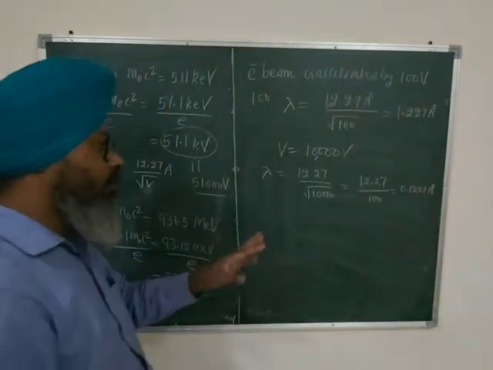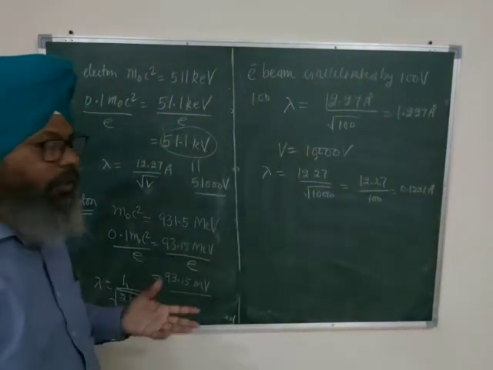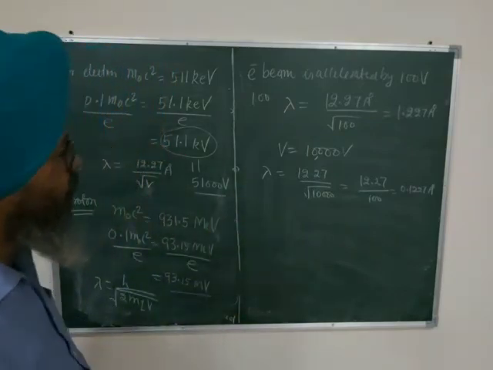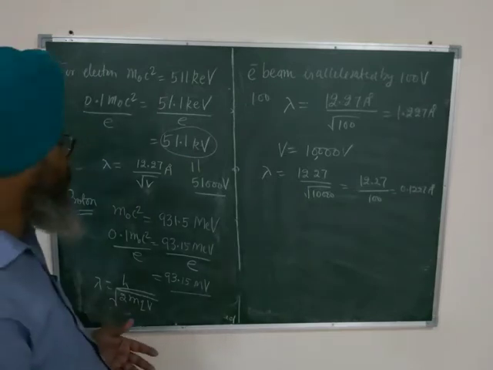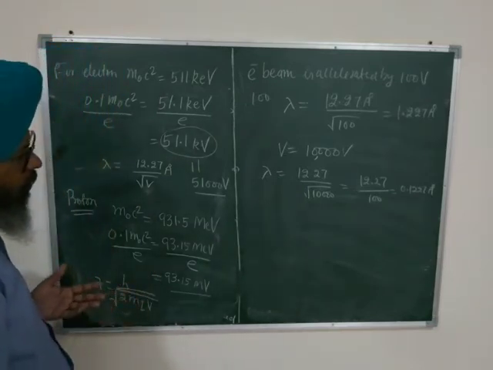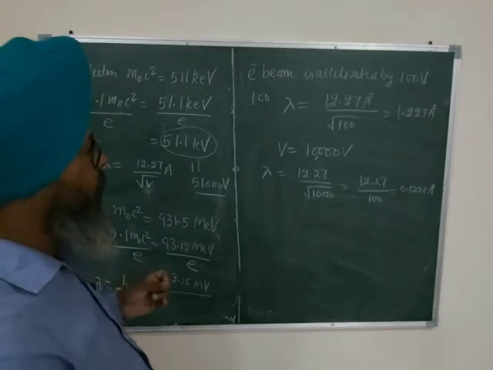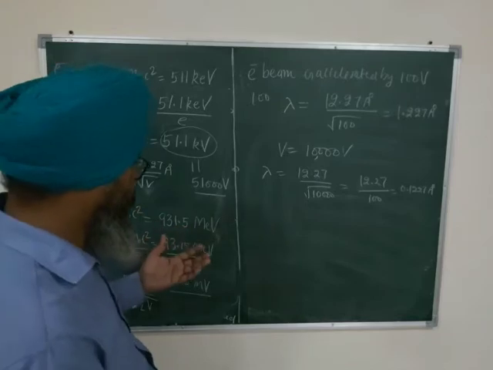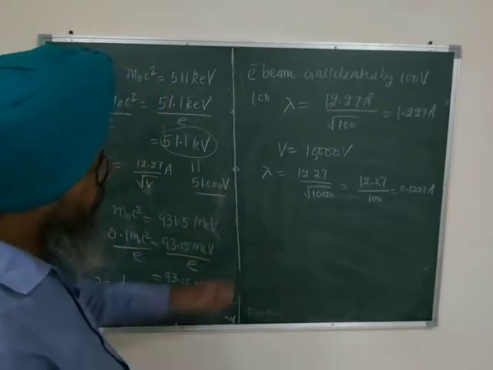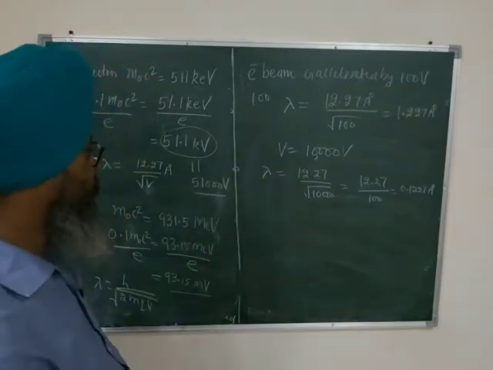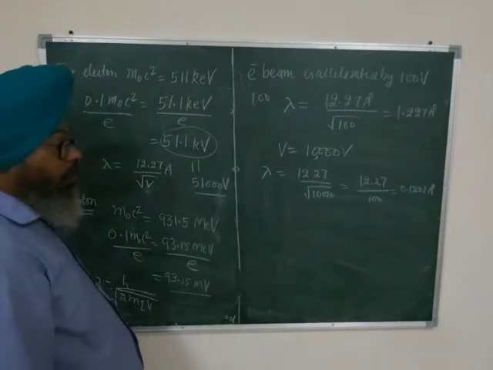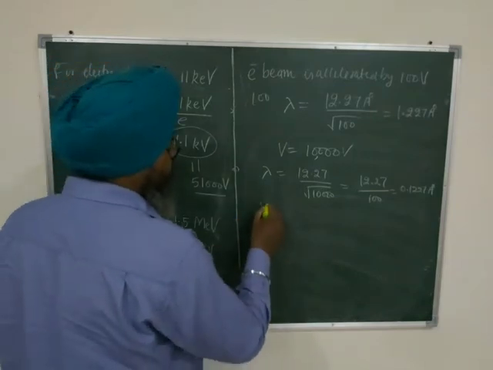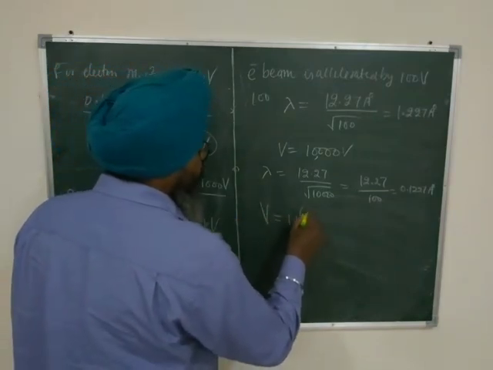I am using simple values just because I don't want to use the calculator in the video lecture, but this is applicable for any other complex numerical values. The only thing that you must take into account is that the accelerating voltage must be smaller than this 51,000 volt. 10,000 and 100 both were actually smaller than 51,000 volt. Now, what would be the case if I use the accelerating potential to be 10 raised to power 6 volt?